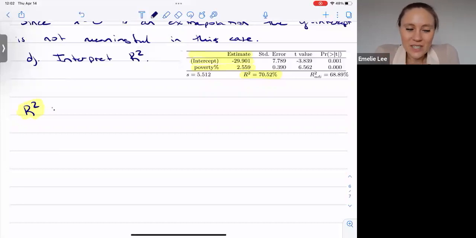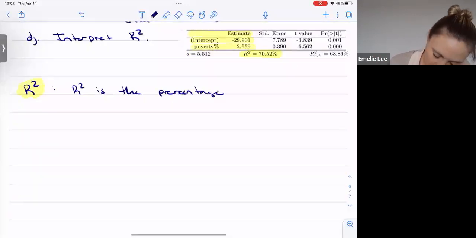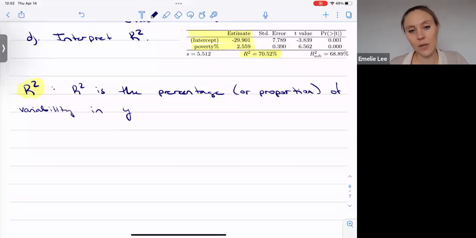R-squared is the percentage of variability, or the proportion, right? Percentage and proportion are the same. One's the decimal version and one's the times 100 version. R-squared is the percentage or proportion of variability in Y explained by the least squares regression line on X. That's really wordy, right?